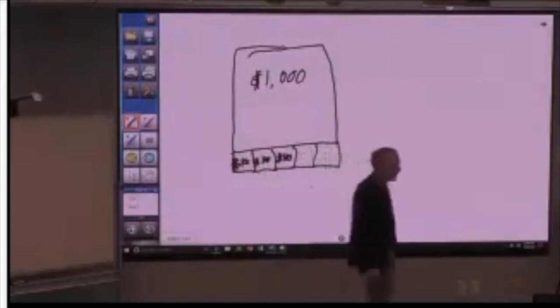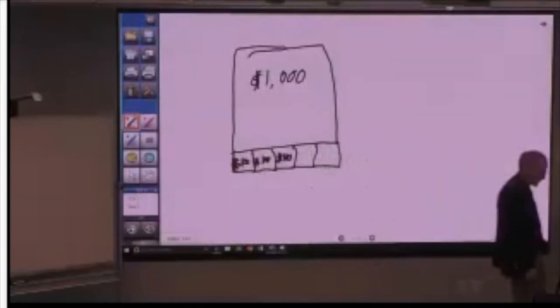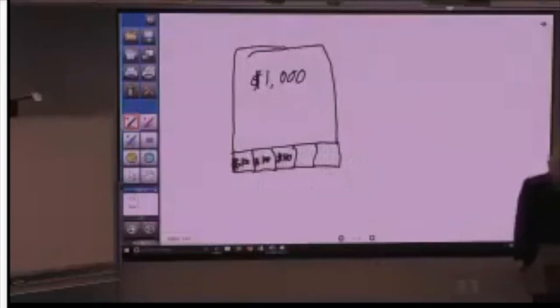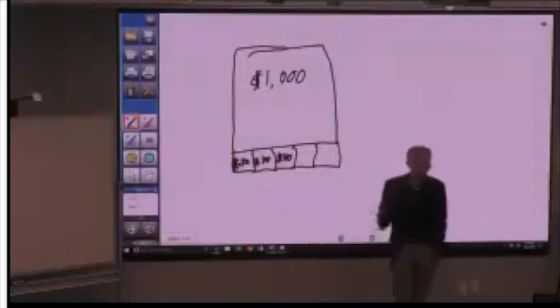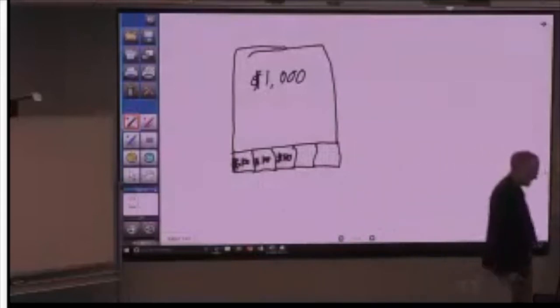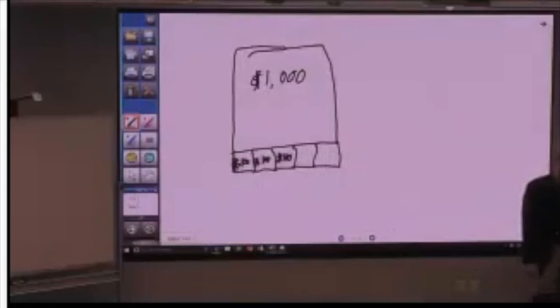And the issue in Helvering v. Horst is who should be taxed on these $100 interest coupons. I'm oversimplifying the numbers, but put that aside.